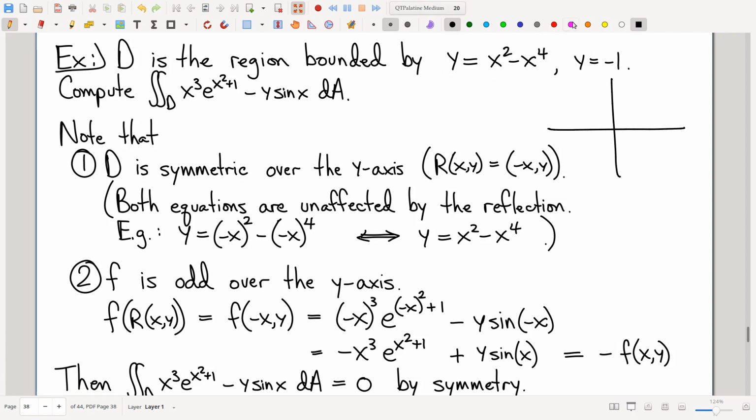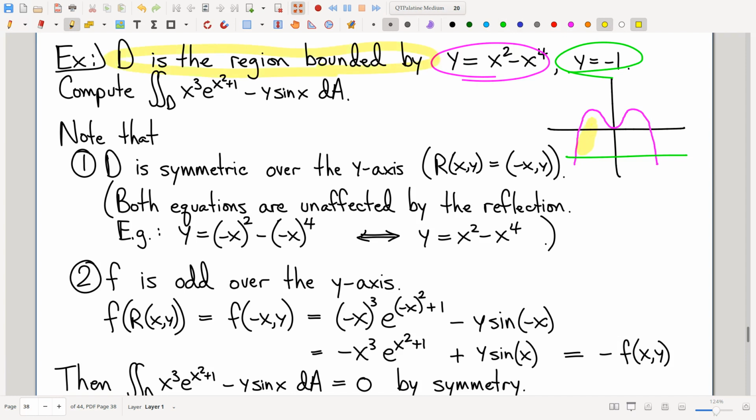Let's see here. So this one here looks something like that, and of course this one is something like that, and so this domain that's bounded by those is what's in between, like so, and I think it's pretty intuitive geometrically that that's symmetric over the y-axis.